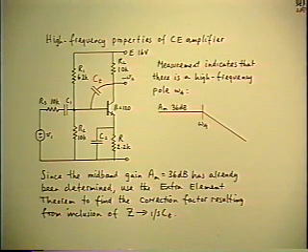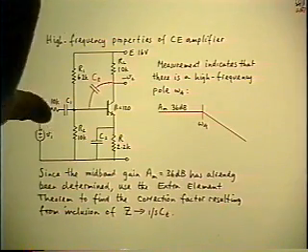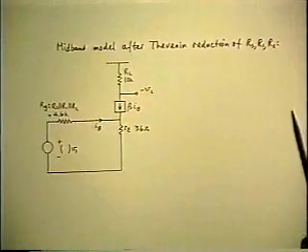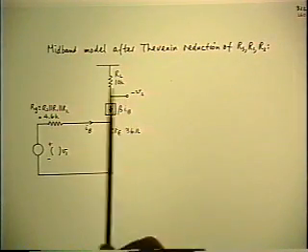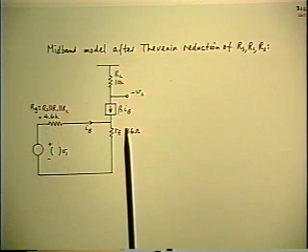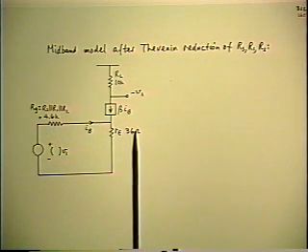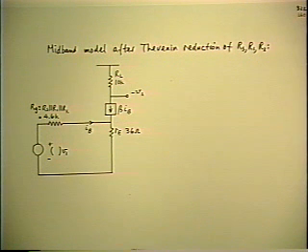So all we have to do is establish the usual conditions for the extra element theorem, which is we start with the reference model without the CT. This is the one we've already solved for the AM of 36 dB. It's the same model we've talked about several times.